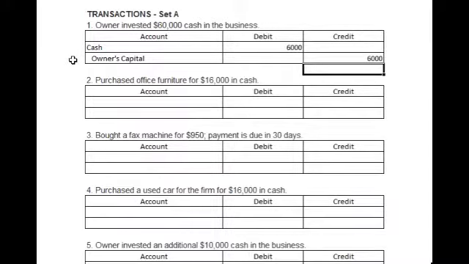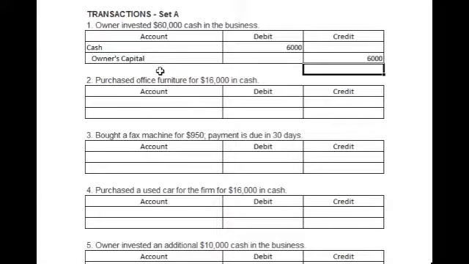That's possible. But either way, all the amounts put in the debit column must equal the total amount put in the credit column. So in this case, there was 60,000 on the debit, credit 60,000. So they balance out. Debit side total must equal the credit side.